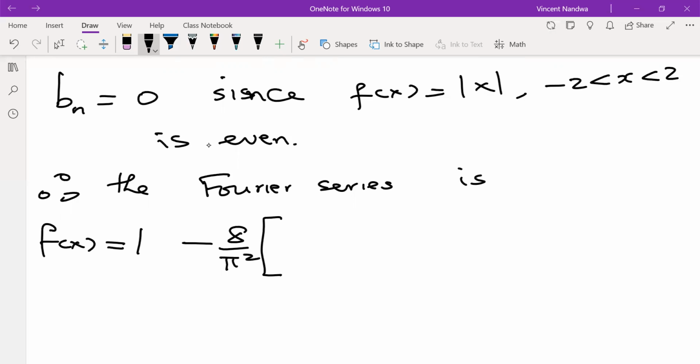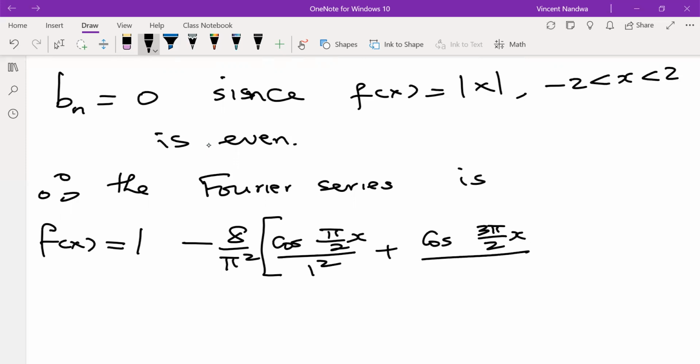And then we write the odd terms involving the cosine function only: cos of pi over 2 x over 1 squared plus cos of 3 pi over 2 x over 3 squared plus cos of 5 pi over 2 x divided by 5 squared plus other several terms. So this is the required Fourier series of the given function.